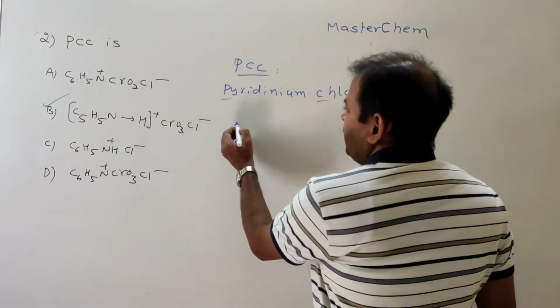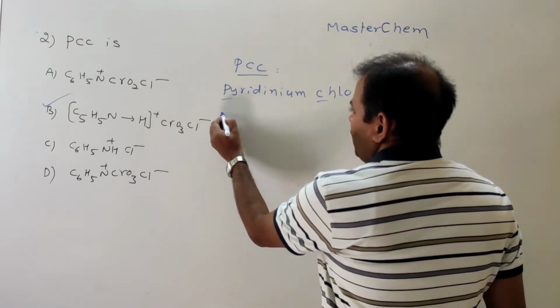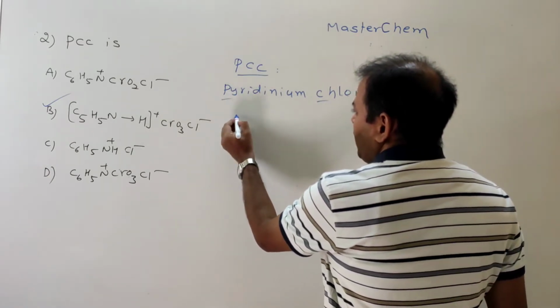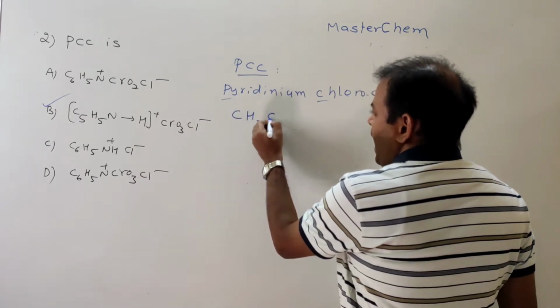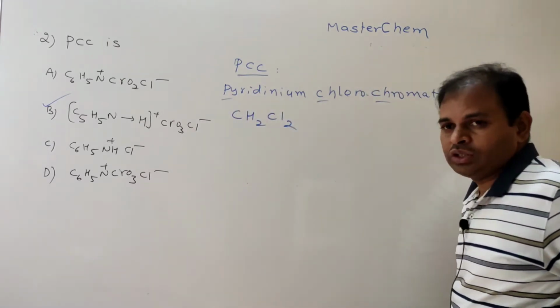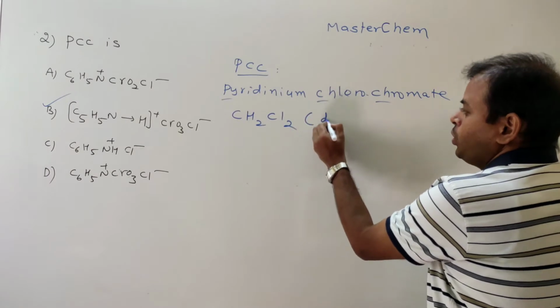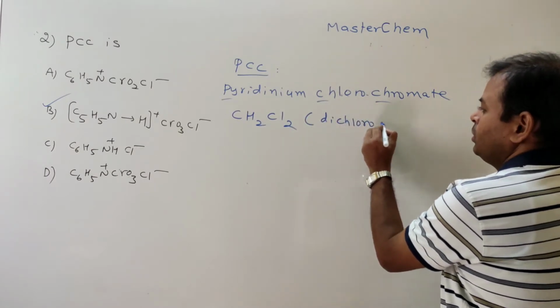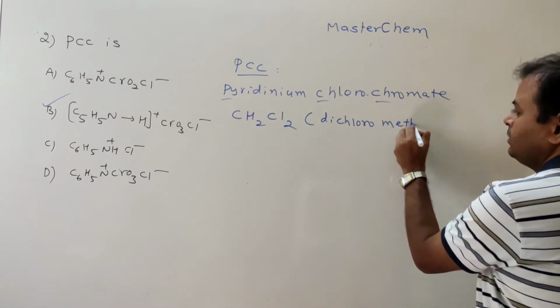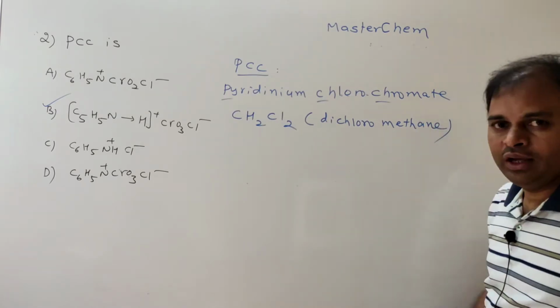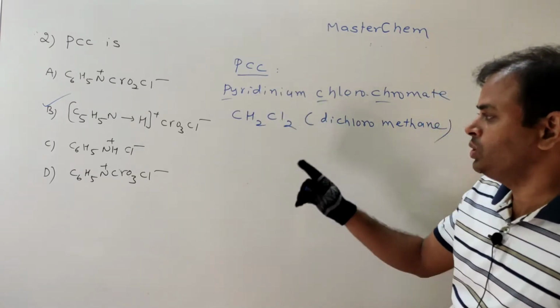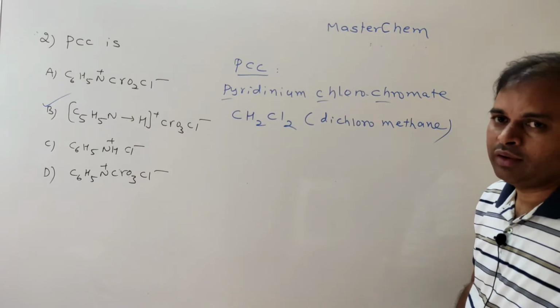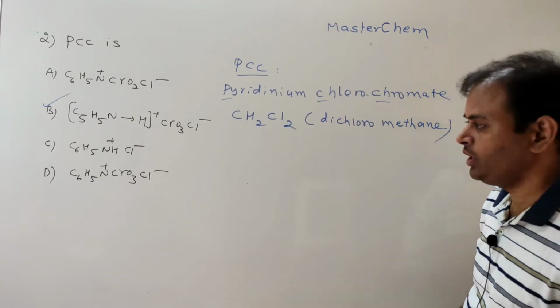Now here, this is used along with a non-aqueous solvent. What is that? Dichloromethane, which is a non-aqueous solvent. So it is used along with the non-aqueous solvent dichloromethane.